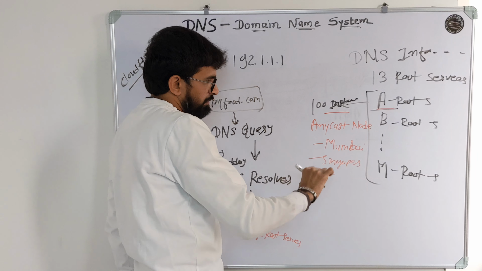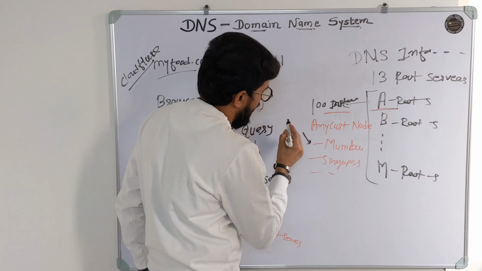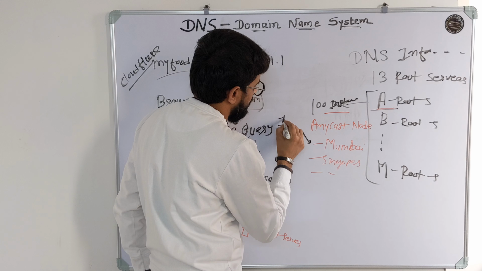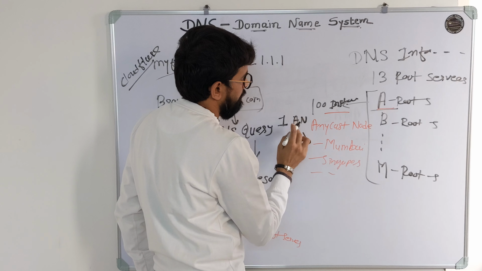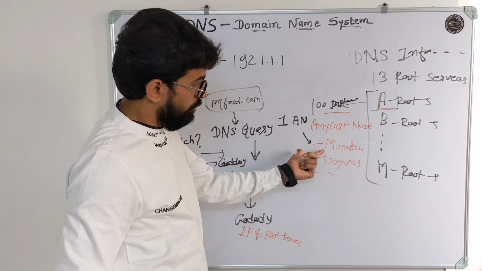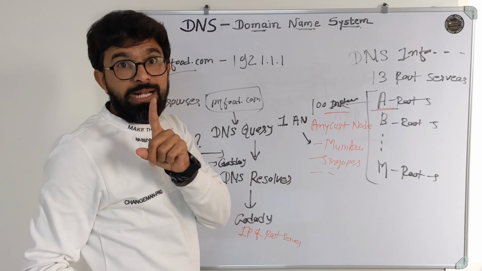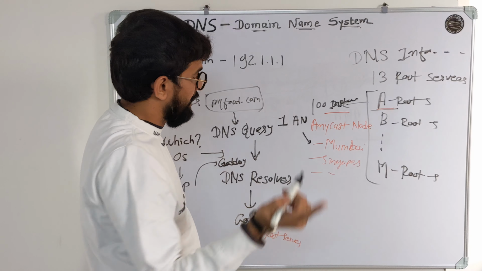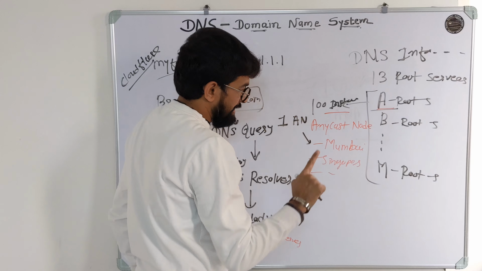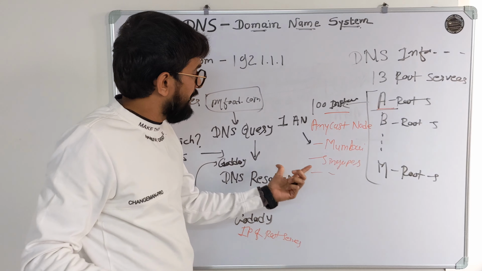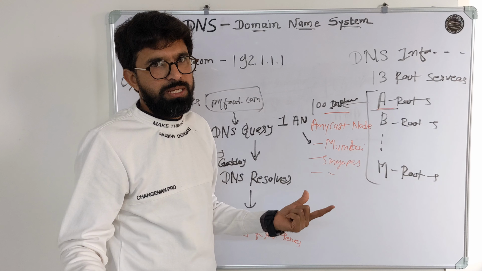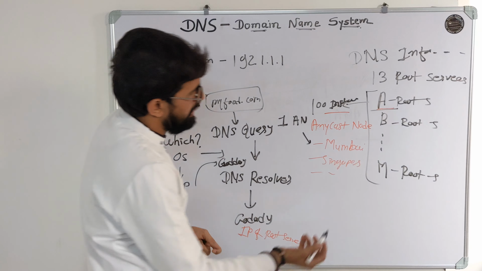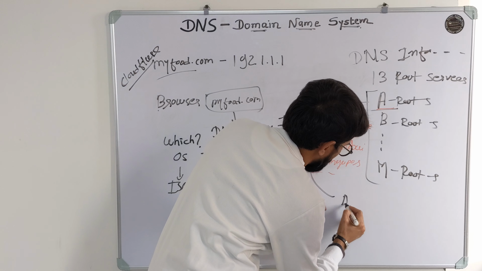If we go deeper, Mumbai has one Anycast node, and Singapore has one Anycast node, but inside one Anycast node there can be 4, 5, 6 virtual machines. The outer world knows that, okay, Mumbai has the Anycast node.